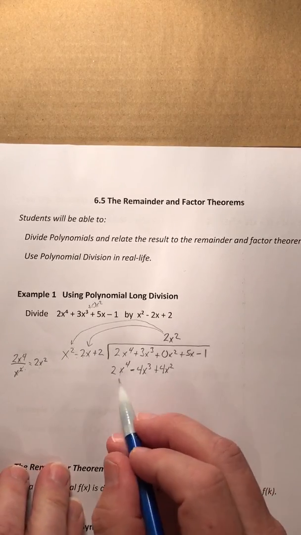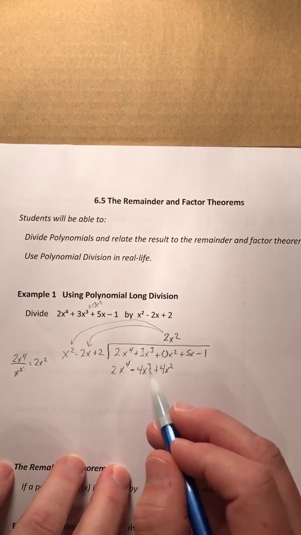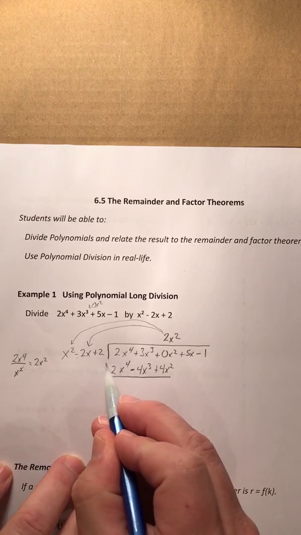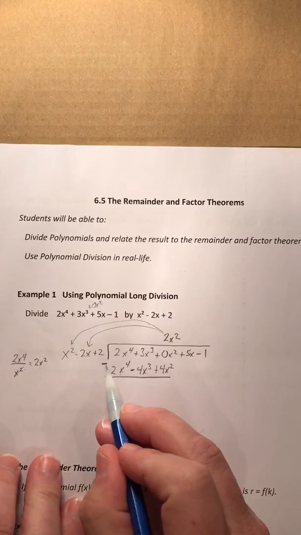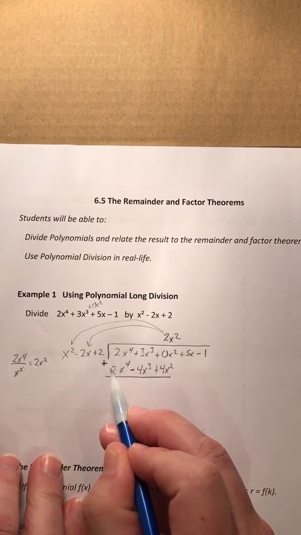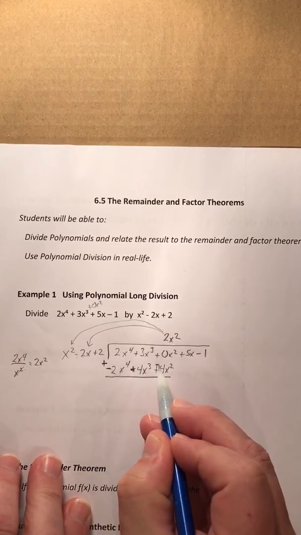Now, just like when we did long division with numbers, we're going to subtract. But it's easier if we change this to an addition and make everything in here the opposite. So this becomes a negative, this becomes a positive, and this becomes a negative.